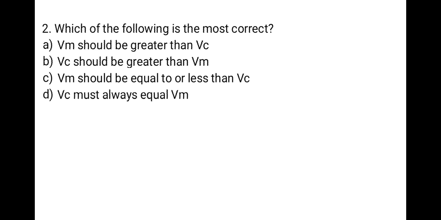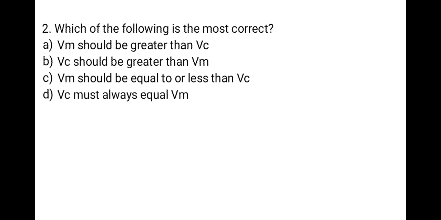For proper modulation, the ideal condition of modulation is m equal to 1. M is equal to 1 when Vm and Vc are equal.